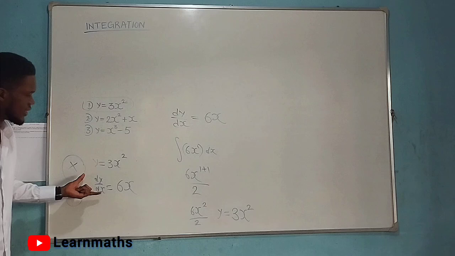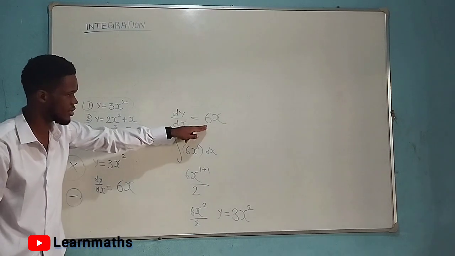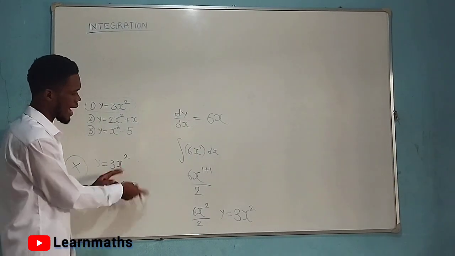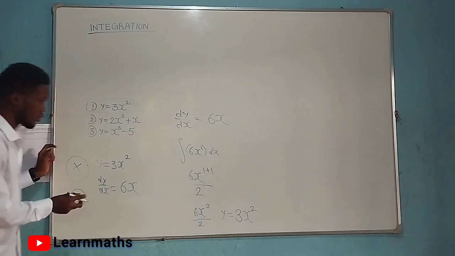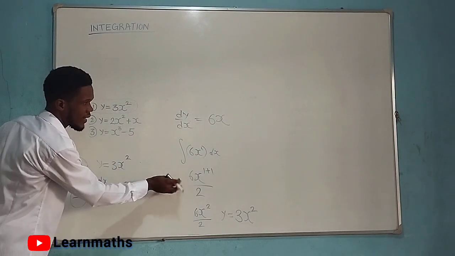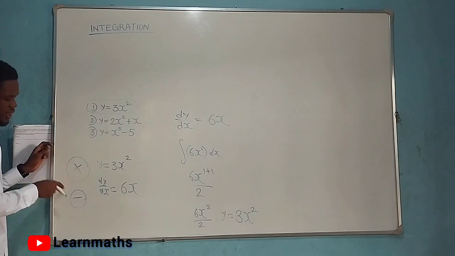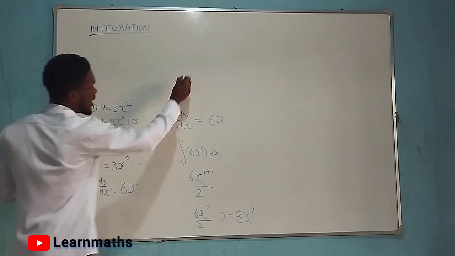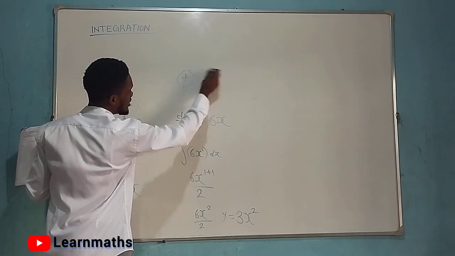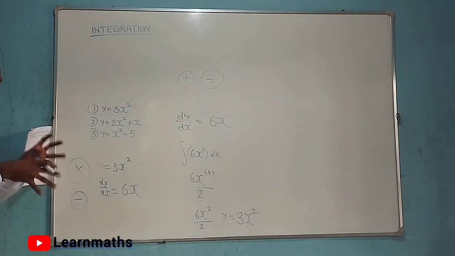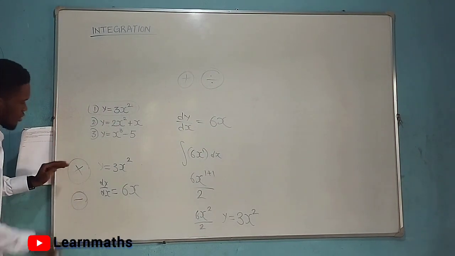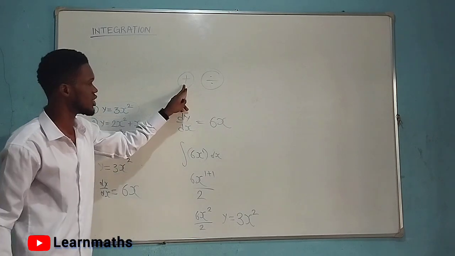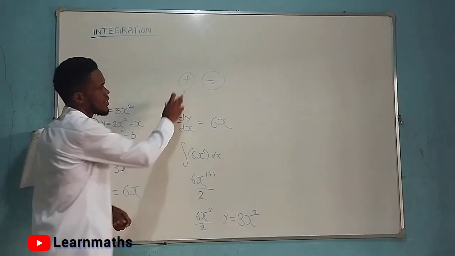When I want to integrate this function, 6x, to get the original function, I will have to add that 1 back. So the operations we carry out for integration won't be multiplication and subtraction. It's going to be addition and division. It's the opposite, the reverse of what we did in differentiation. Where did we carry out this addition?